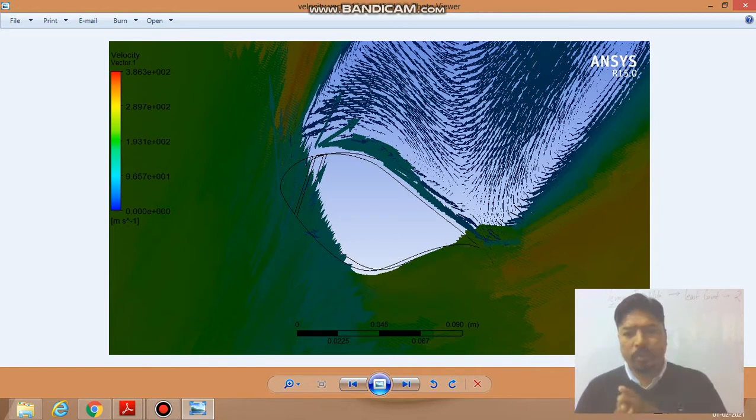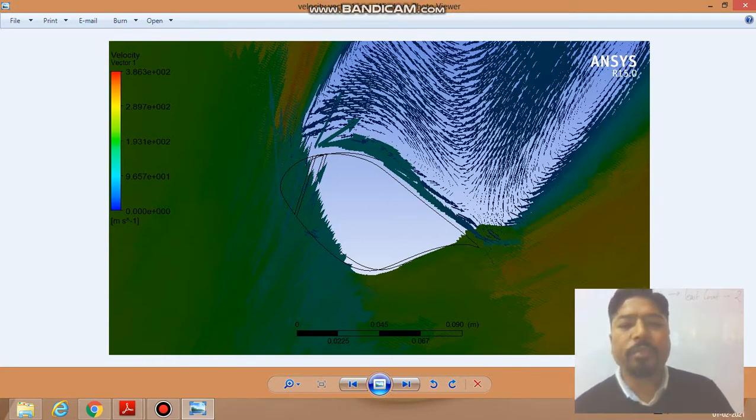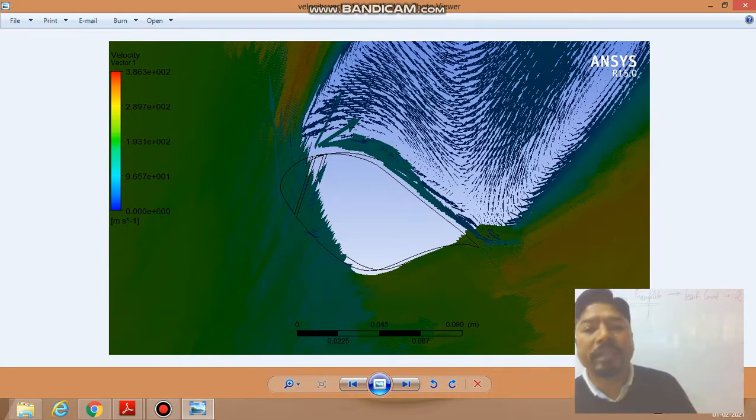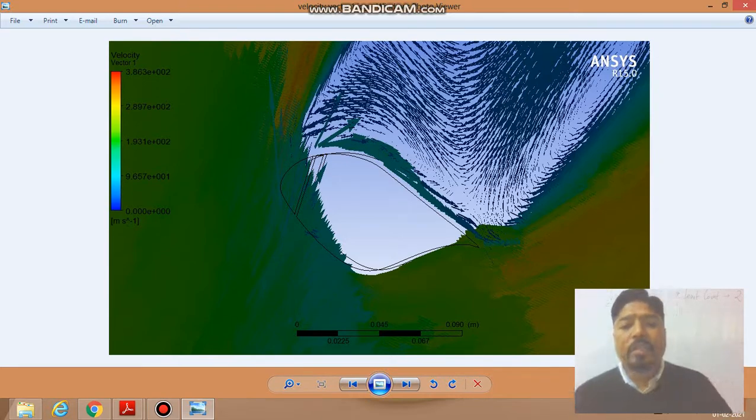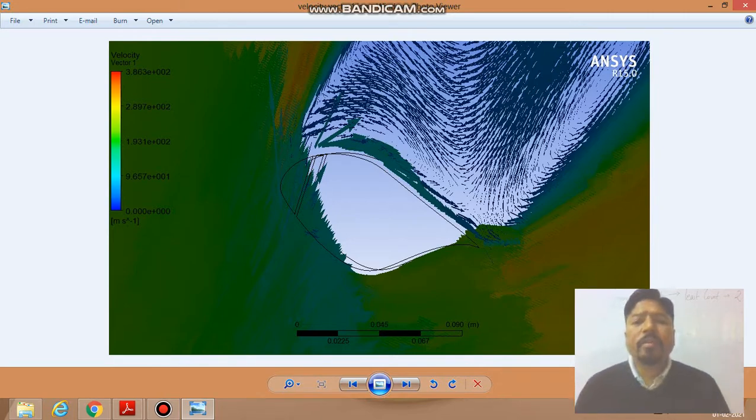This is a circular body, and the fluid goes in two directions. After some period, when the fluid keeps flowing over the surface, at some point it separates from that surface. That is the phenomenon known in fluid mechanics as flow separation.